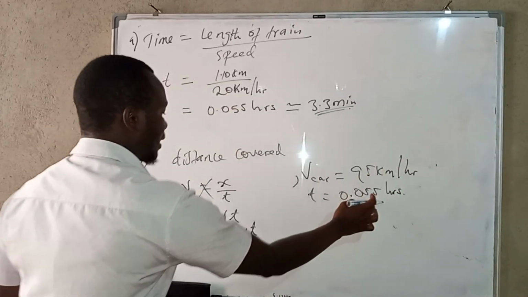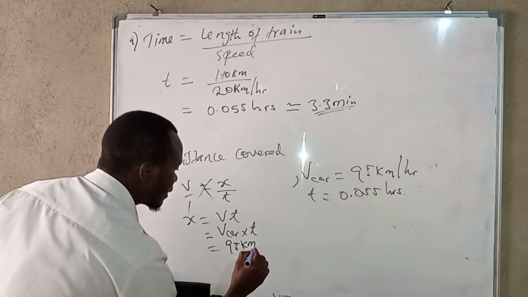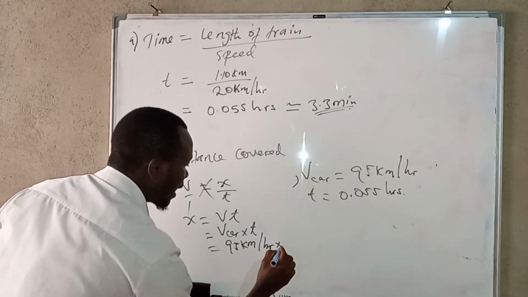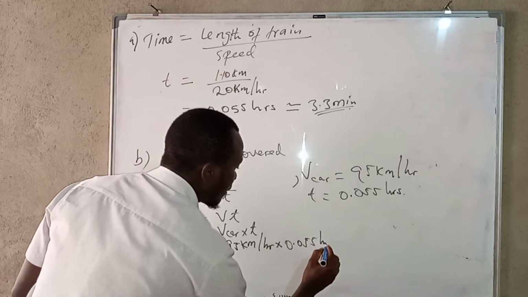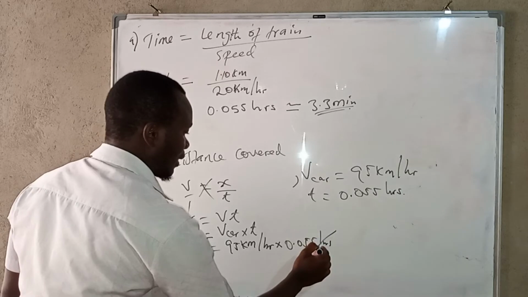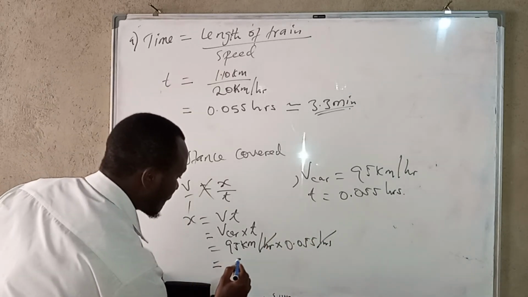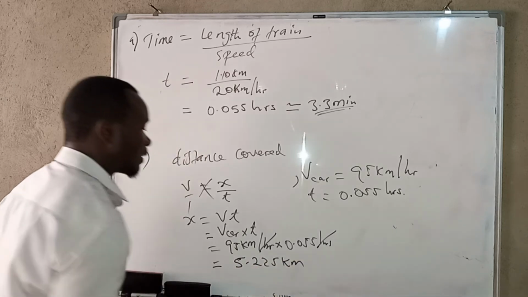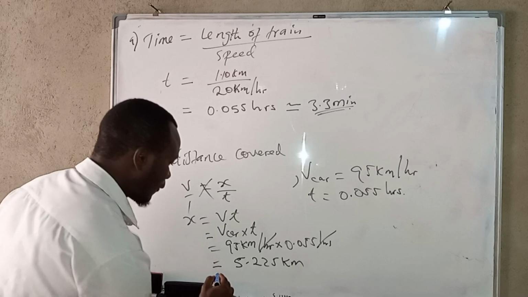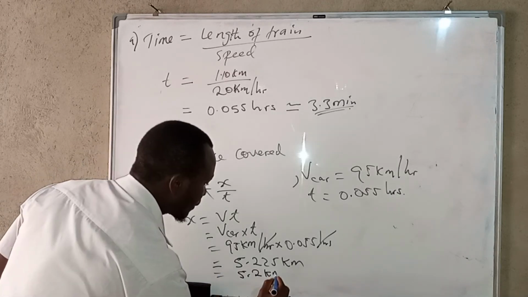So if we put this in this equation, we are going to get 95 kilometers per hour times 0.055 hours. So hours will cancel, and what we're going to have is 5.225 kilometers. If we wish to round it off, we can round off to 5.2 kilometers.